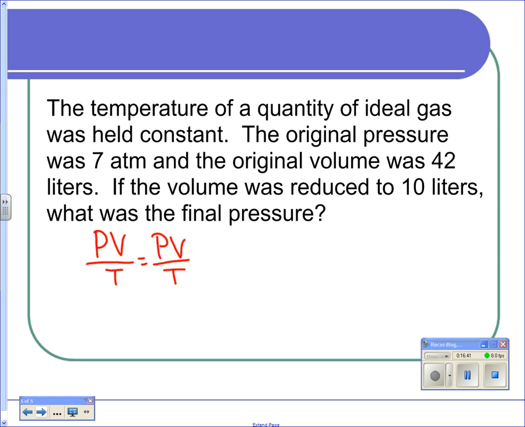Temperature is... So if the temperature is held constant, do we care about the temperature in this problem? Okay. So is this our whole formula? Okay. Does that make sense?